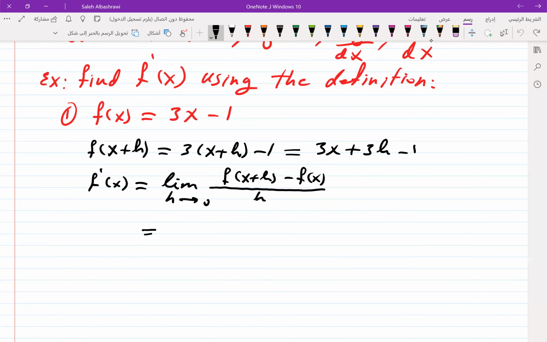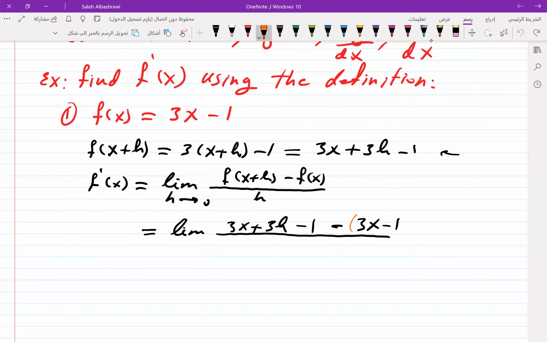And this is equal to the limit of f of x plus h, which is this one, 3x plus 3h minus 1, minus f of x, which is 3x minus 1. And to avoid any mistake, I will put it in a bracket, divided by h. Because we have to change the sign, where h goes to 0.